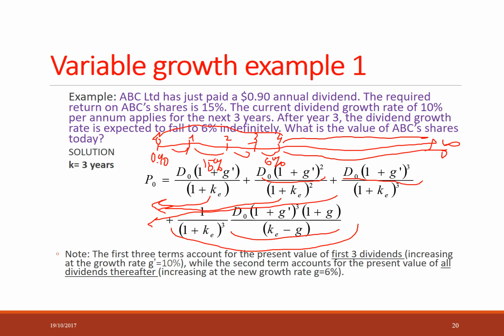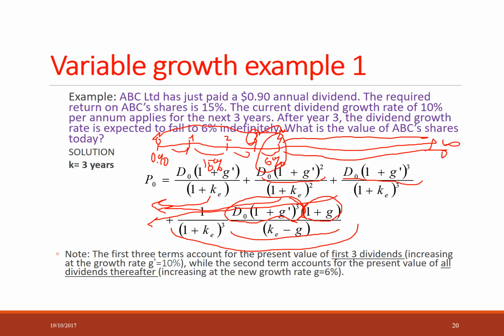The dividend in year 4 is the dividend in year 3 grown by 6%, right? So the dividend in year 3 is calculated before, which is this component over here. Therefore, the dividend in year 4 is simply D3, or this part over here, times 1 plus 6%, right?